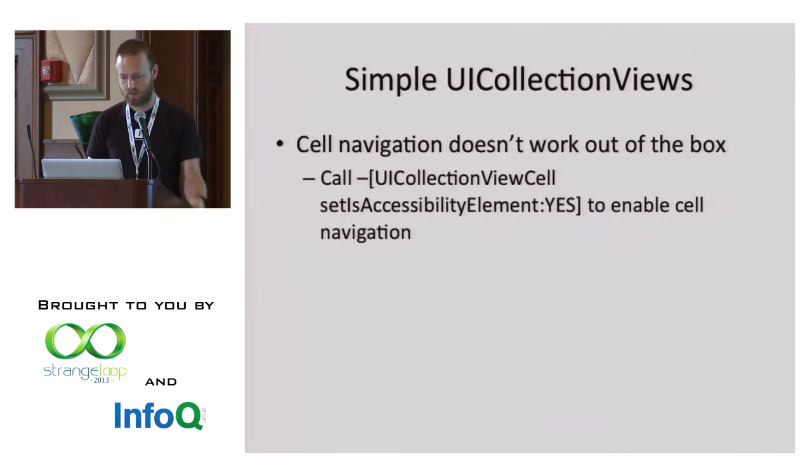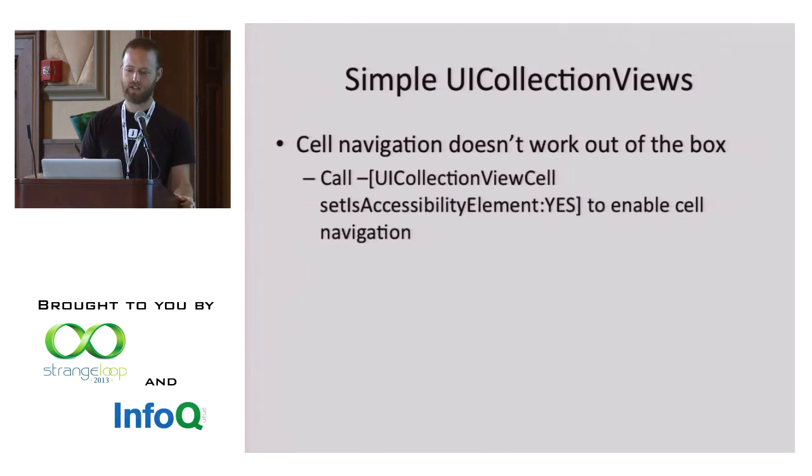For simple UICollectionViews, cell navigation doesn't work out of the box. That's because, unlike UITableViews, UICollectionViews are a really complex beast, and you never really know with a UICollectionView whether something is decorative or whether something is really important content for the user.